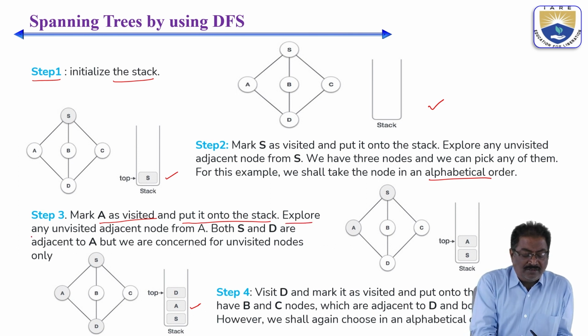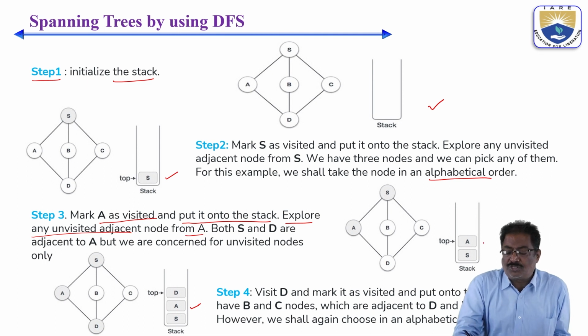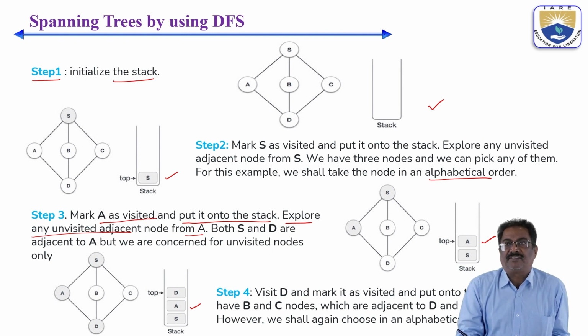Explore any unvisited adjacent node from A. Anyone we can select, either A, B or C. We are going to select A.